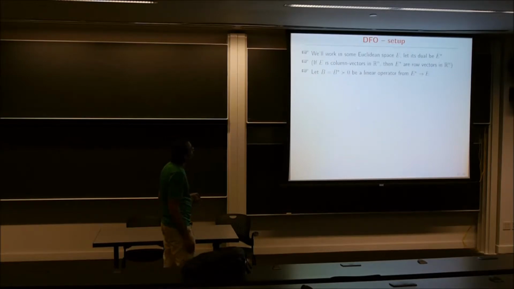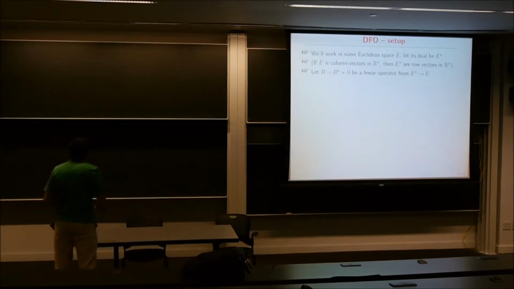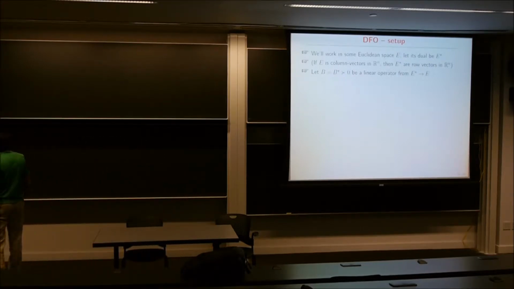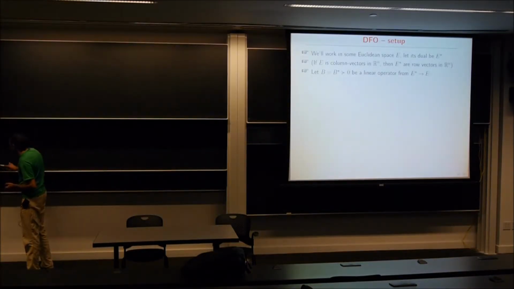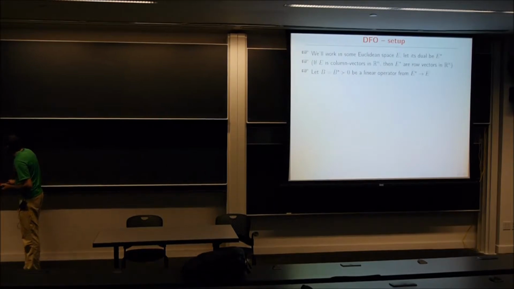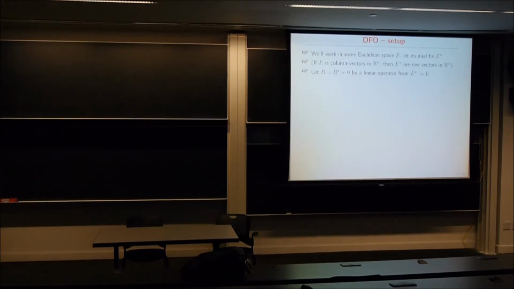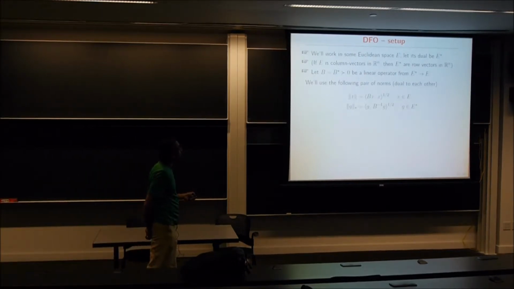And the norm in there is not just x squared, it is x transpose B x, to the half. That just gives a general notation. So these are the two norms we are using. This is the original norm, this is the dual norm. That's why it's written with a G star. So B is a positive definite matrix.